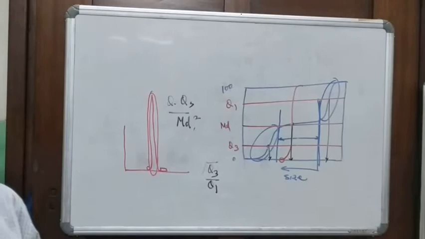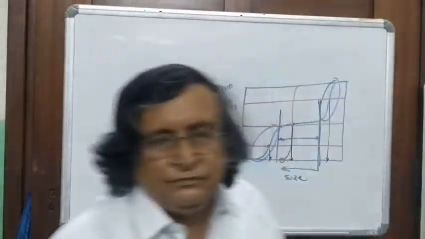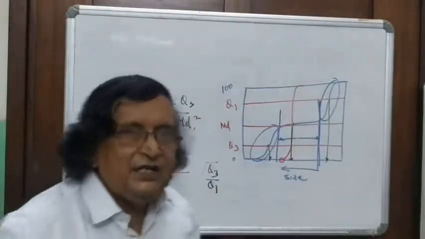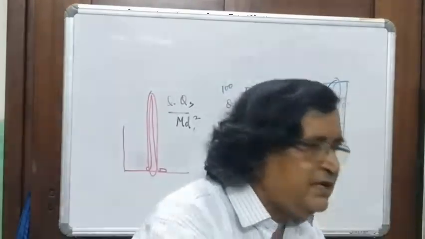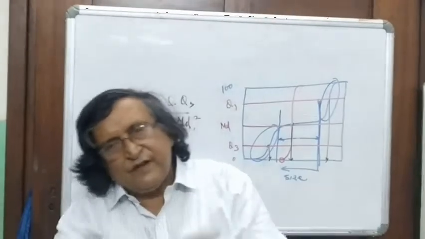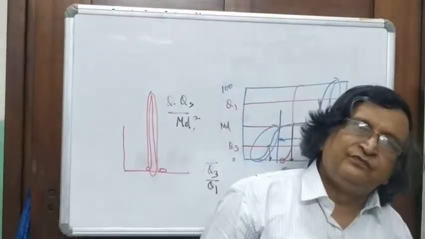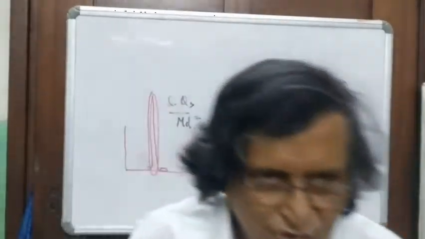You have a value very different from one. So this sediment in blue and this sediment in red have completely different dynamics of transport and deposition. So just the median value does not mean much.